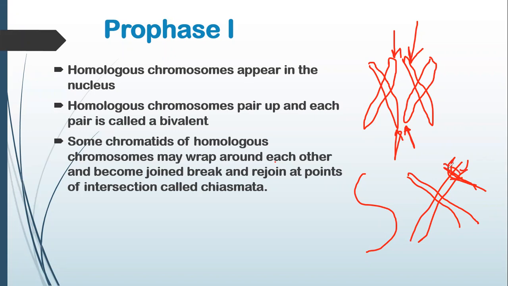Of course, you cannot wrap and fail to cross each other. Now that point of intersection, that point of union here, is known as a chiasma, or chiasmata.